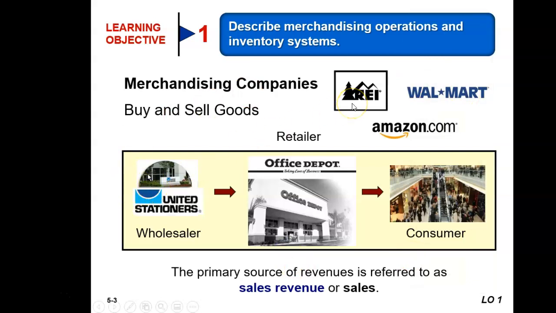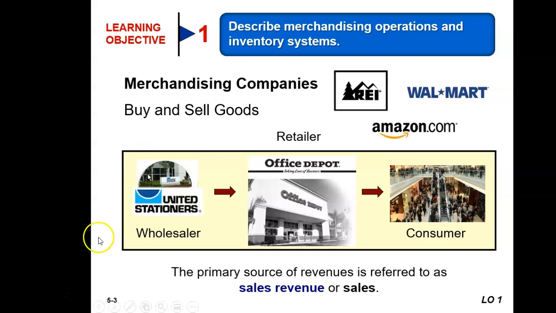First, we look at different types of merchandising companies. These are companies that buy and sell goods. So whether we're talking about Walmart, Amazon, Office Depot, these are examples of different types of merchandising companies.